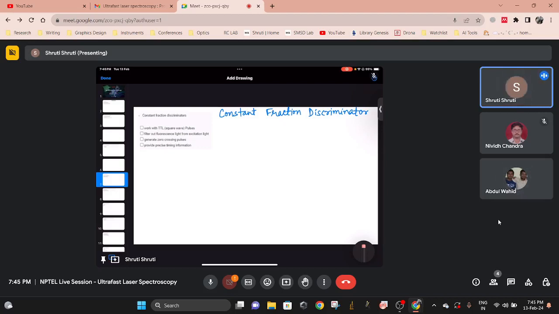So suppose one photon is equivalent to 1 lakh electrons, but it may not be the case that every time one photon will give exactly 1 lakh electrons. This depends on the efficiency of the detector.